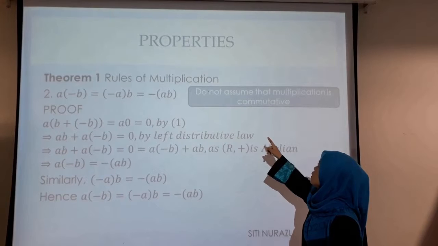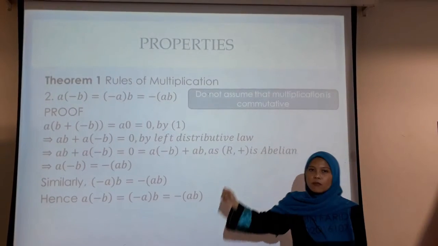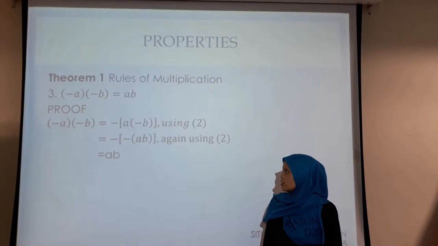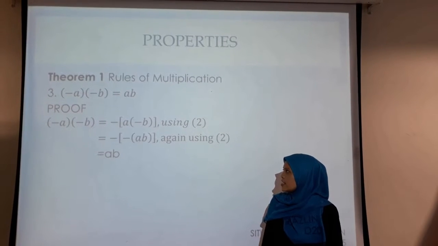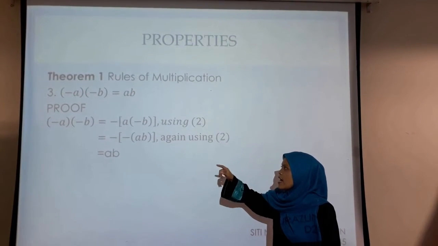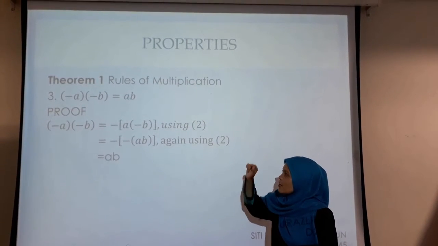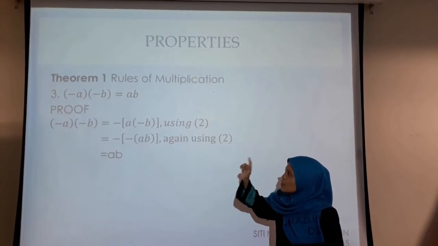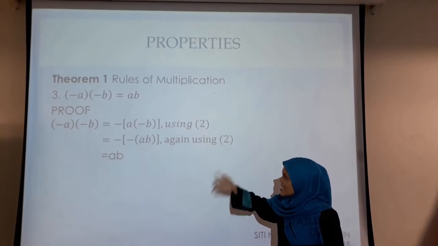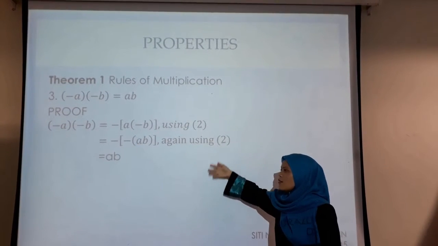Do not assume that multiplication is commutative. The third condition is (-A)(-B) equals AB. These are the steps to prove it.